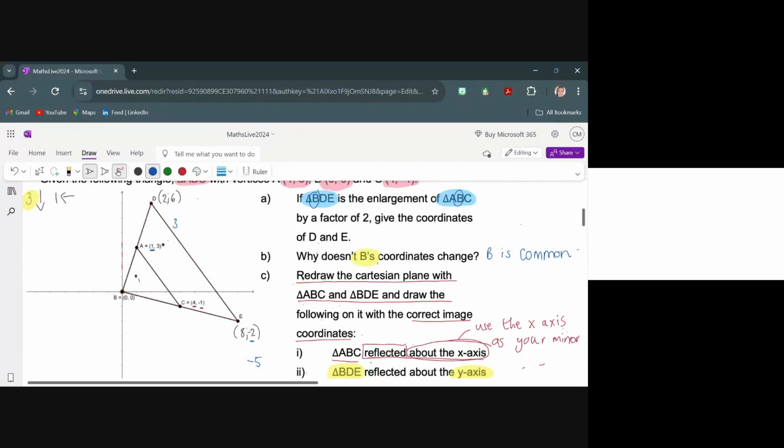All right, then we're going to do the same for B. My y value for B is 0. If I move 0 3 units down, where do I end up? At what value? Just count backwards by 3, guys.